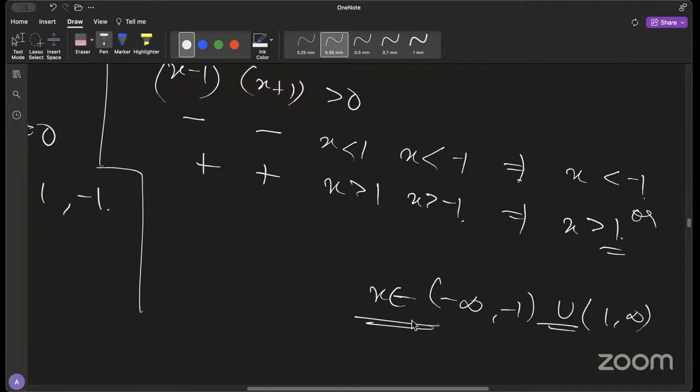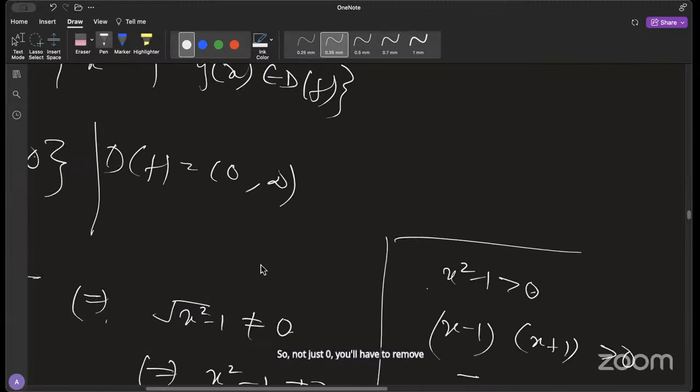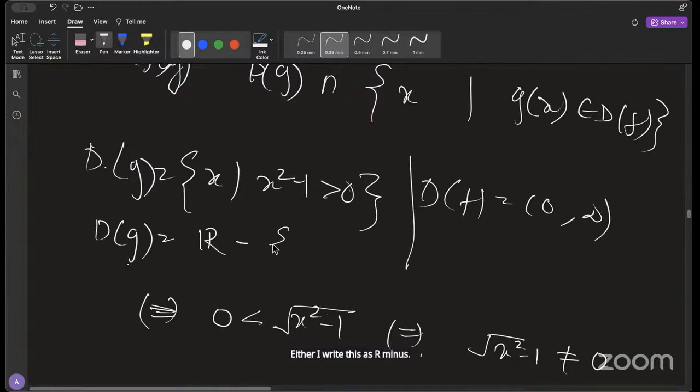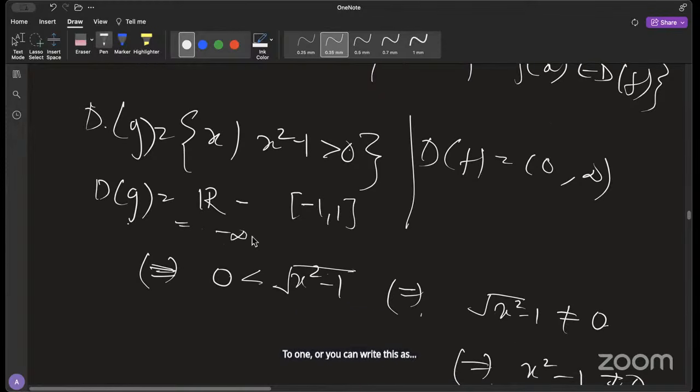So not just 0, you'll have to remove everything from minus 1 to 1. That means your domain of g becomes either R minus the interval minus 1 to 1, or you can write this as minus infinity to minus 1 union 1 to infinity.